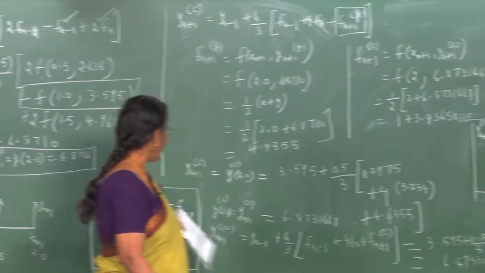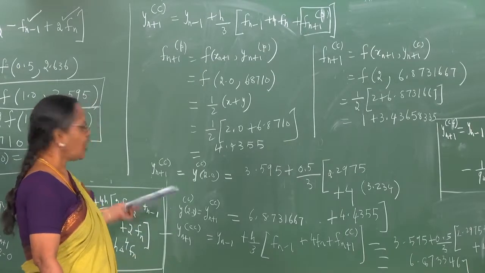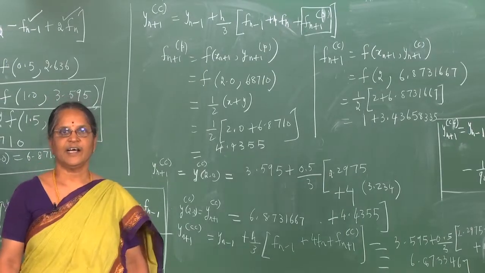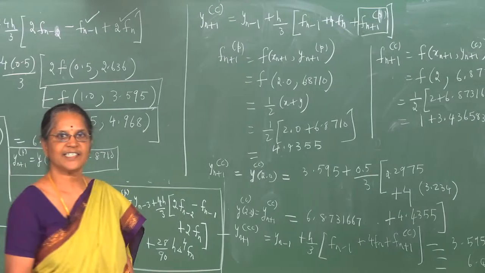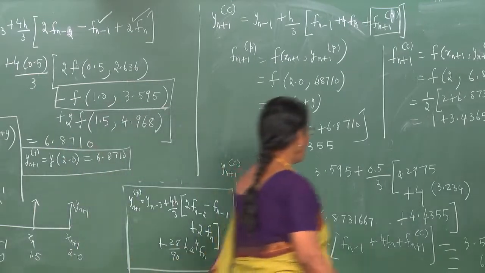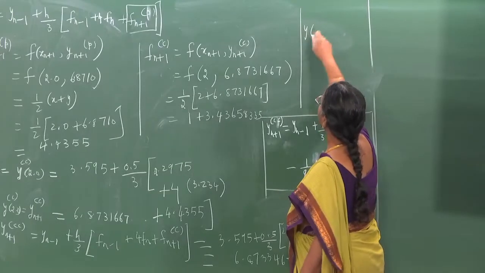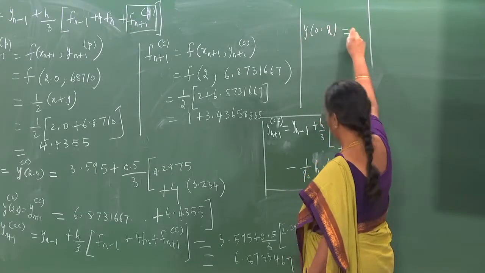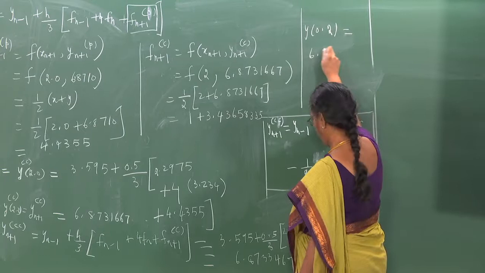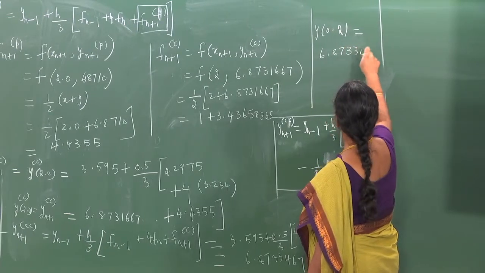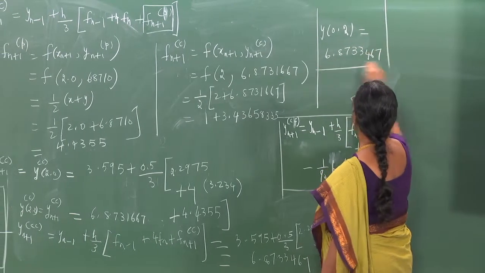So, since I have said in this case stop your computations after 2 corrections, you can write down the solution to the problem as y at point 2 is 6.8733467.